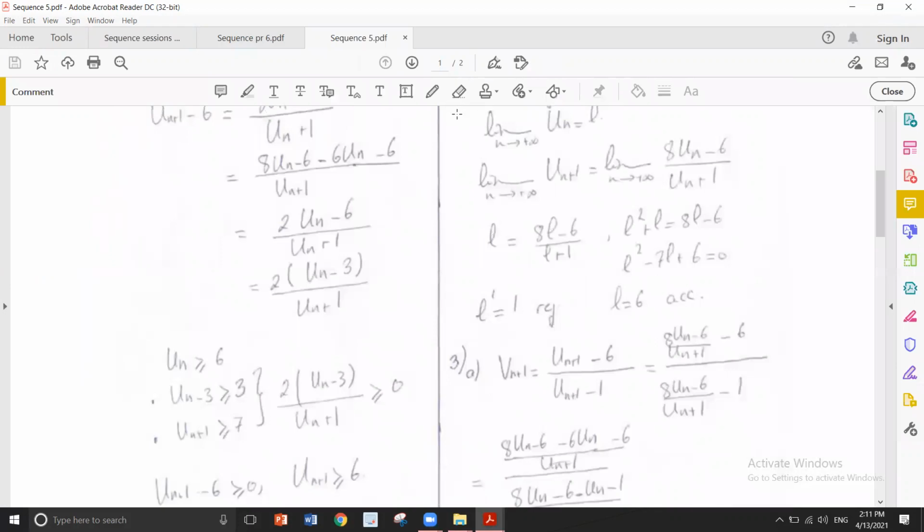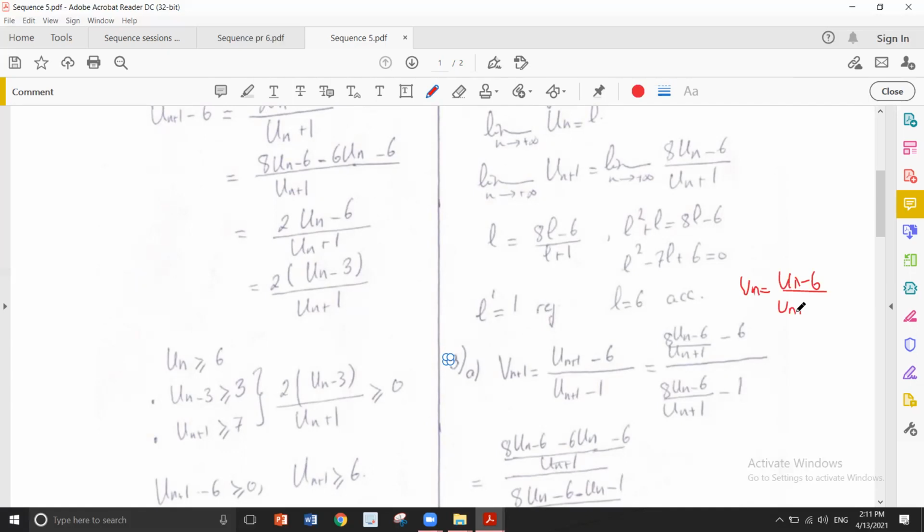So to prove a geometric sequence, as I told you, we have to verify that Vn plus 1 over Vn equals R. We have Vn is Un minus 6 over Un minus 1.